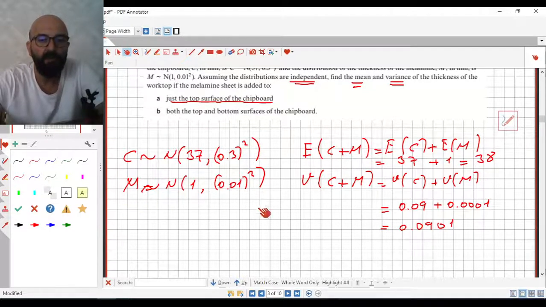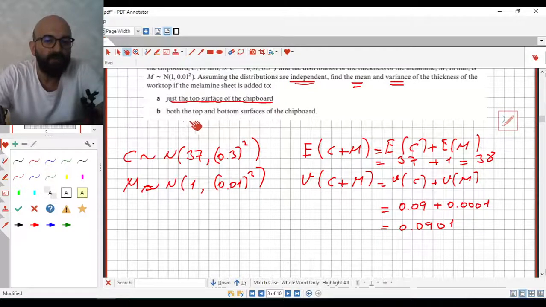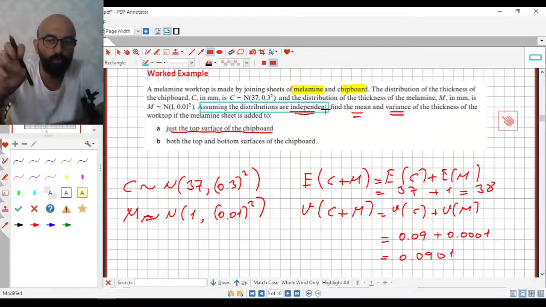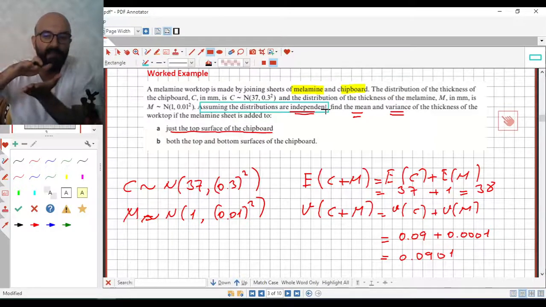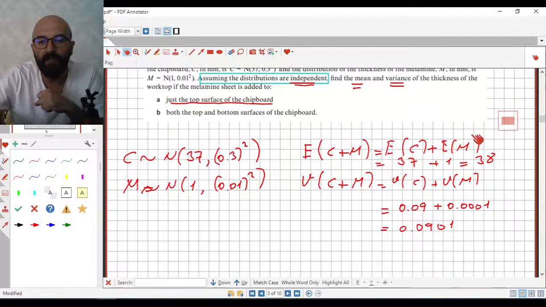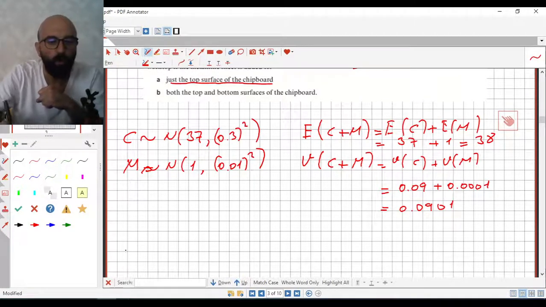Now the other one, both the top and bottom surface of the chipboard. They told us to assume the distributions are independent, so it is not two times the same variable.